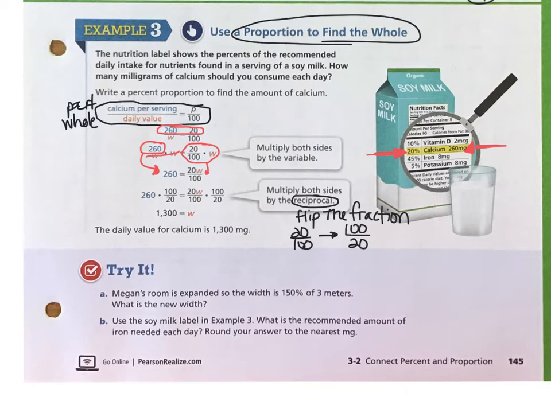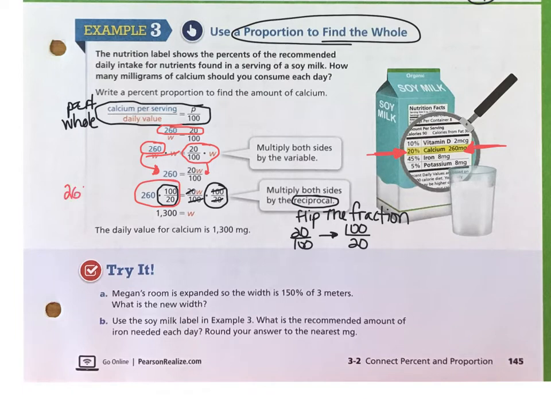The W is going to stay put, but we're going to flip the numbers in the fraction and multiply both sides of our proportion by that flipped over fraction. So in this case, the 20 and 100 are both in the numerator and the denominator, so they cancel each other out. Then on the left-hand side, we need to do this computation.